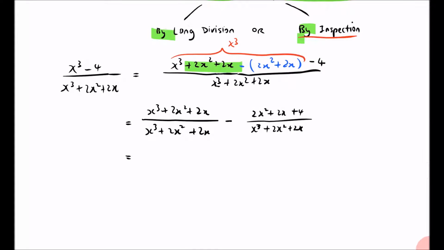Now we simplify. This part is the same, so it goes to 1. This one you cannot simplify, so you have to factorize. This is the part where you need to use partial fraction.